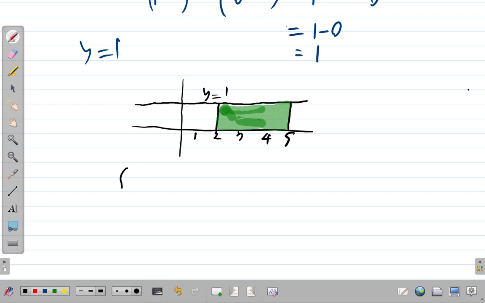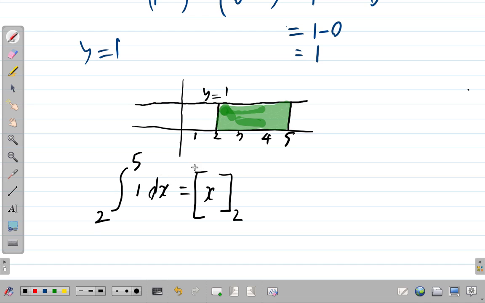Let's see. You integrate from 2 to 5 of f of x, which is 1 dx. When you integrate 1, you get x. You have your square brackets, and on the lower right you have your lower boundary, which means this line.